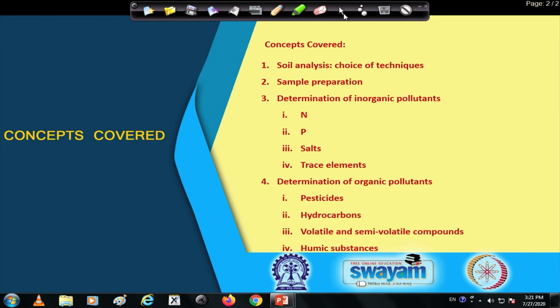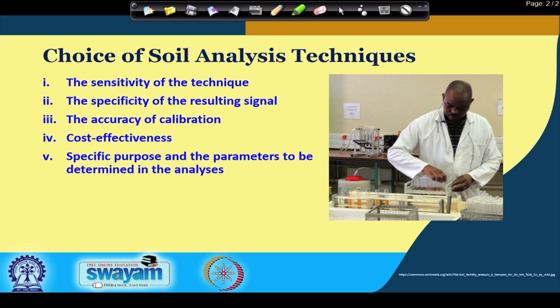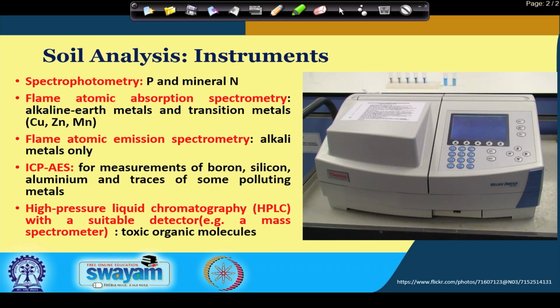In the previous lecture, the first lecture of this module 12, we covered these basic aspects of soil analysis, and what the major choices of soil analysis technique are, with the major considerations like sensitivity, specificity, accuracy of calibration, cost effectiveness, and the specific purpose of the parameters to be determined in the analysis. We discussed all these things in detail.